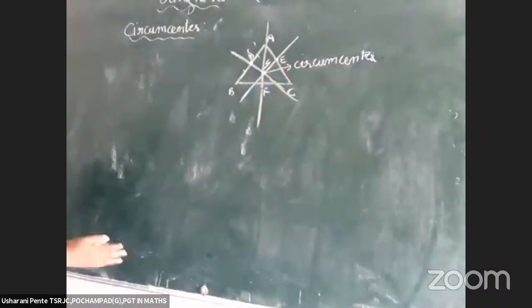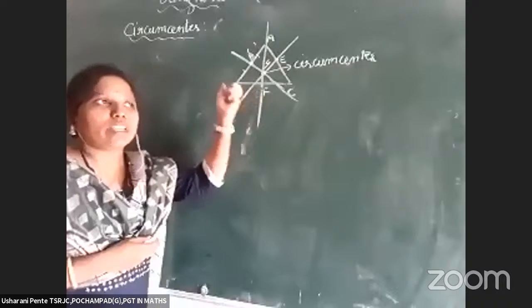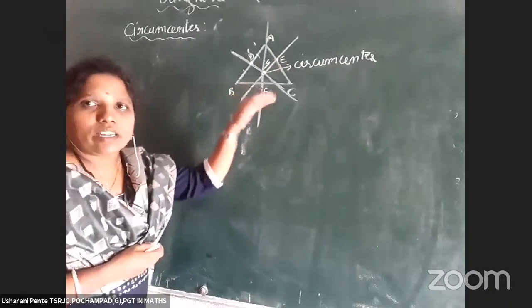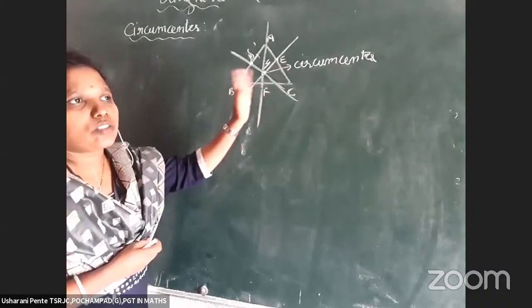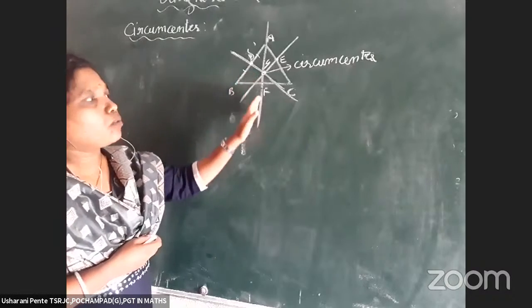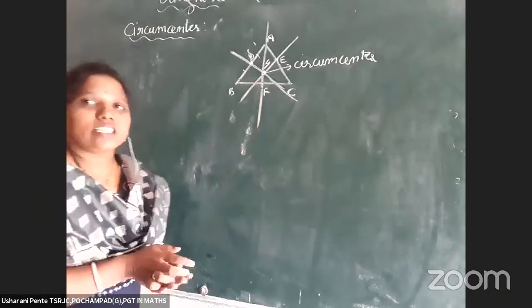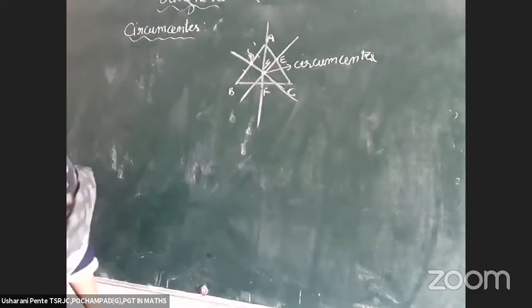S is nothing but the point of concurrence of all the perpendicular bisectors, and it is denoted with a capital S.